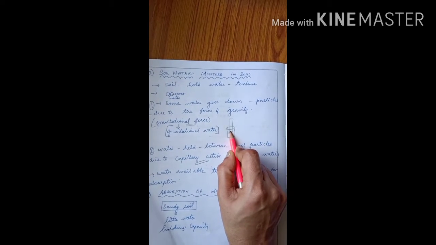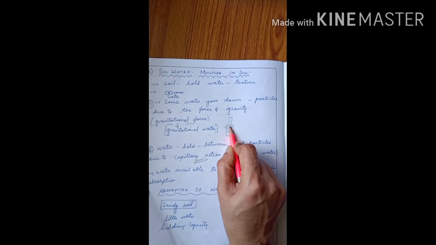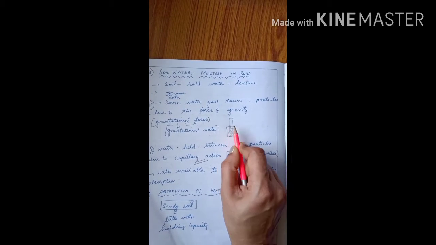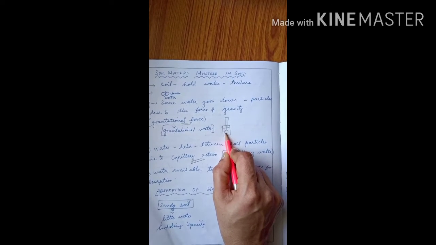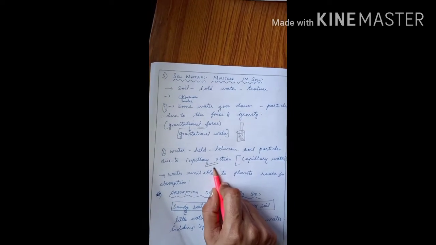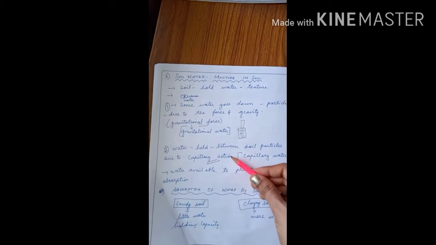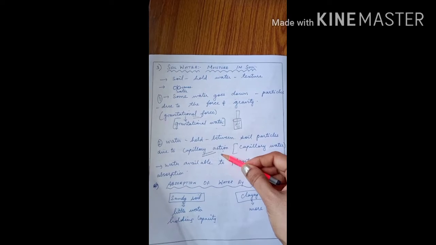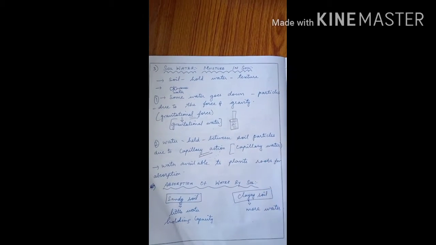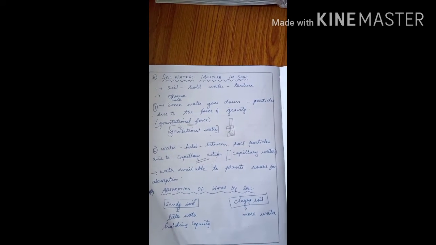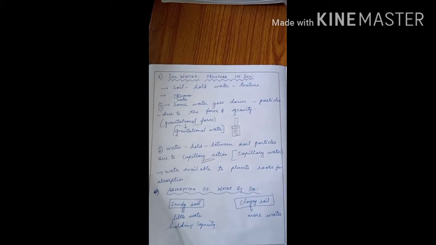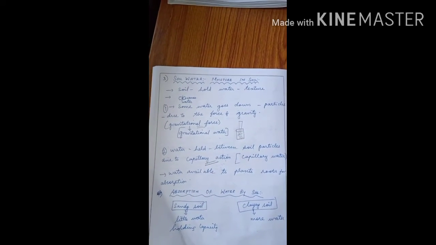It will start to get wet from the tip and the water rises upwards, opposite to the gravitational force. This action is called capillary action, and the water present between the soil particles due to capillary action is called capillary water, and that water is available to the plant roots for absorption.